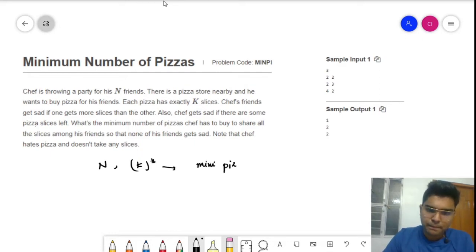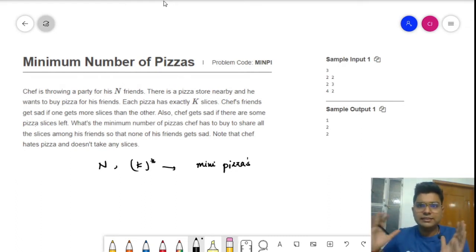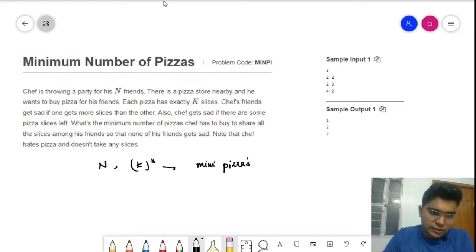Obviously, let's say we got the overall slices which we require, the minimum number of slices we require. Those slices should be divisible by n, of course, so that we can equally distribute them to each of the friends, and also it should be divisible by k.